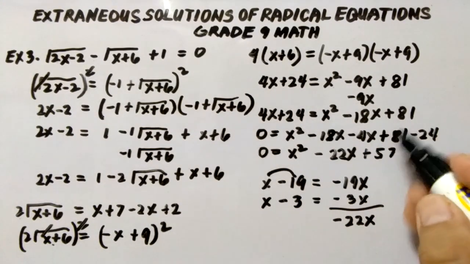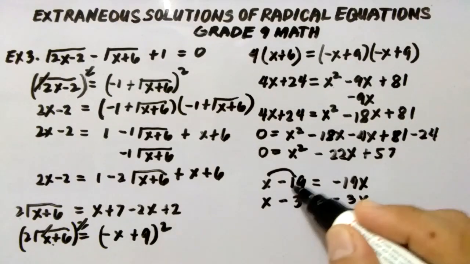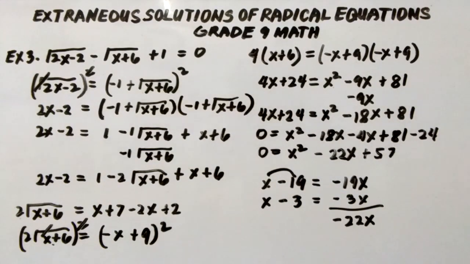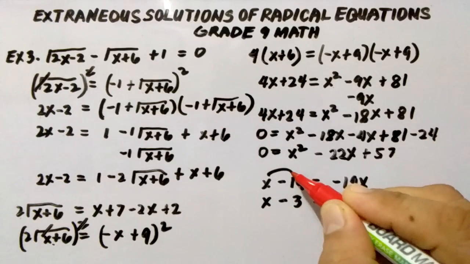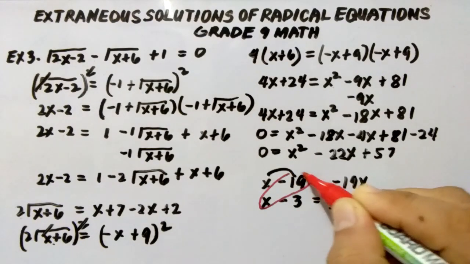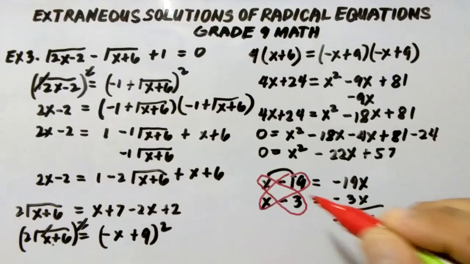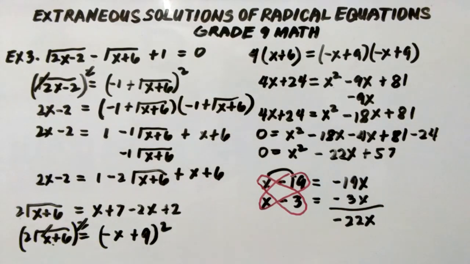Okay, so magkapareho po dito sa ating middle term. So, ibig sabihin, nakuha na po natin yung ating factors. So, we have x minus 19 at x minus 3. So, ito po ang ating factors.